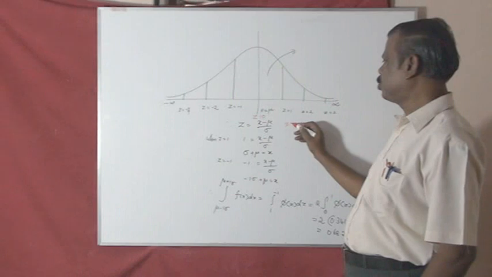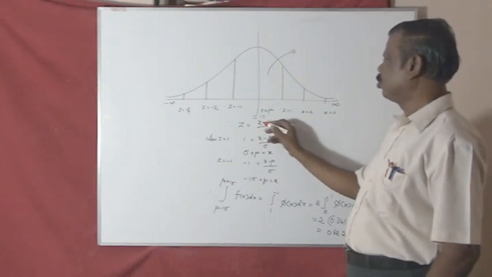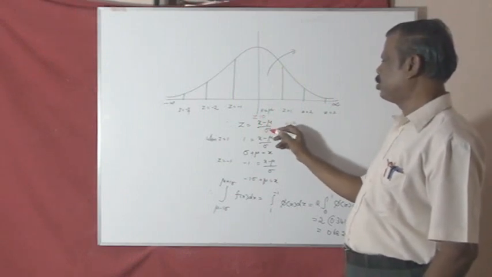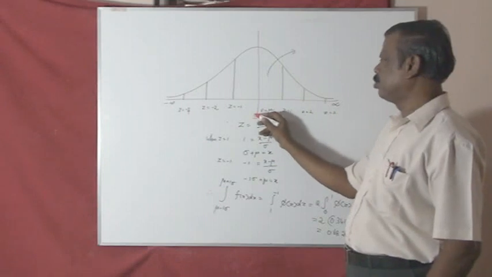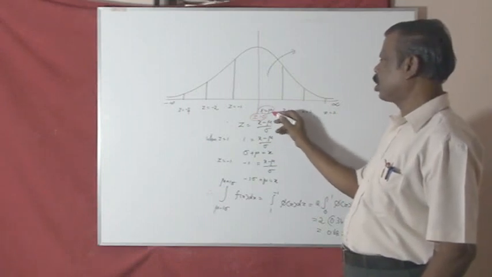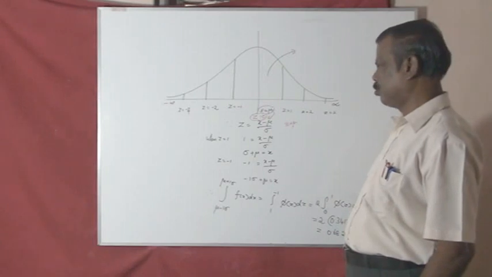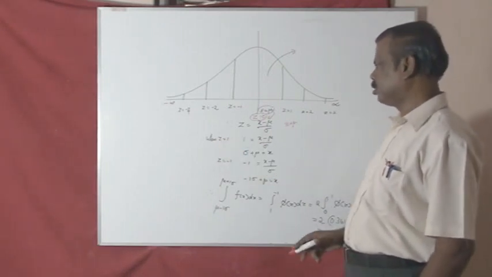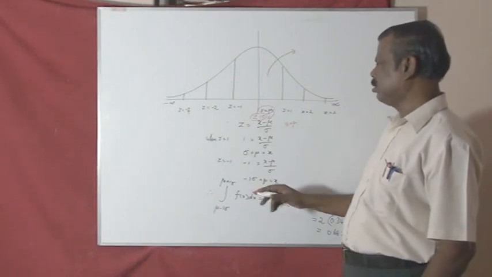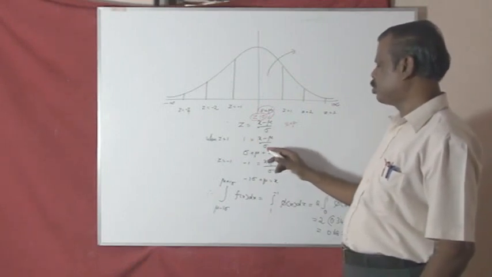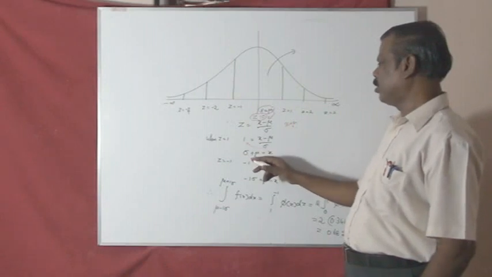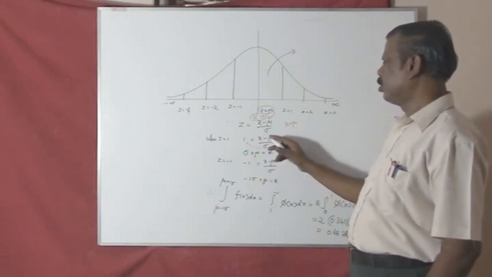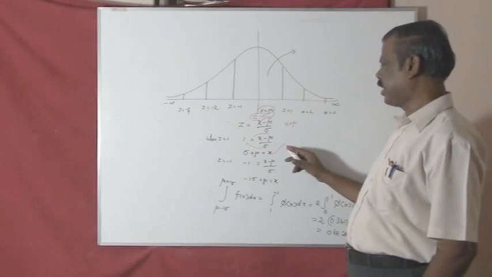Now we know that z is equal to x minus mu by sigma. So what happens when x is equal to mu? Mu minus mu becomes 0, 0 by sigma becomes 0. So when x is equal to mu, the corresponding z value becomes 0. Now let us move on to z equal to 1. When z takes a value 1, 1 is equal to x minus mu by sigma. When you cross multiply, we get sigma plus mu is equal to x.